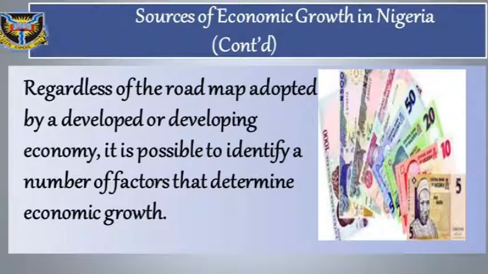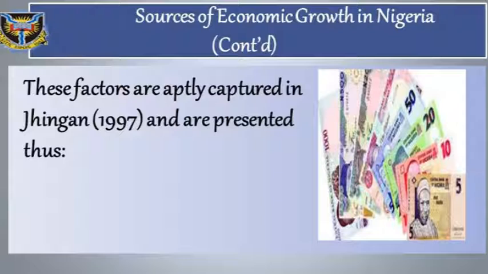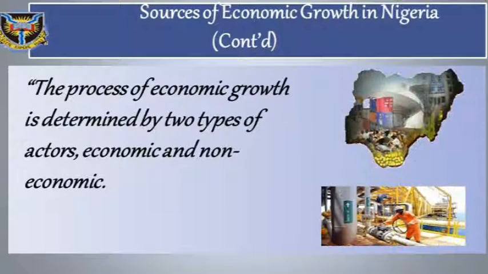Regardless of the roadmap adopted by a developed or developing economy, it is possible to identify a number of factors that determine economic growth. These factors are aptly captured in Jhingan 1997 and are presented thus. The process of economic growth is determined by two types of factors, economic and non-economic.